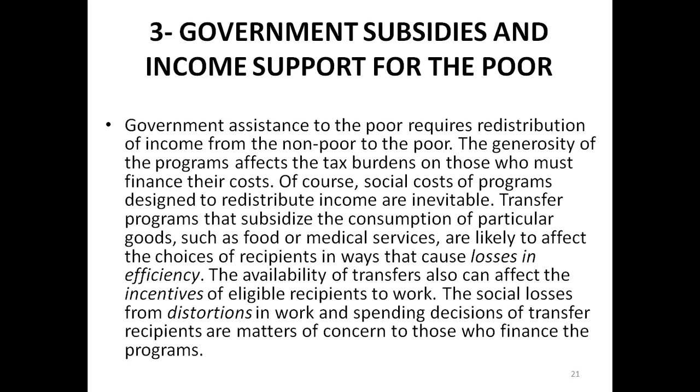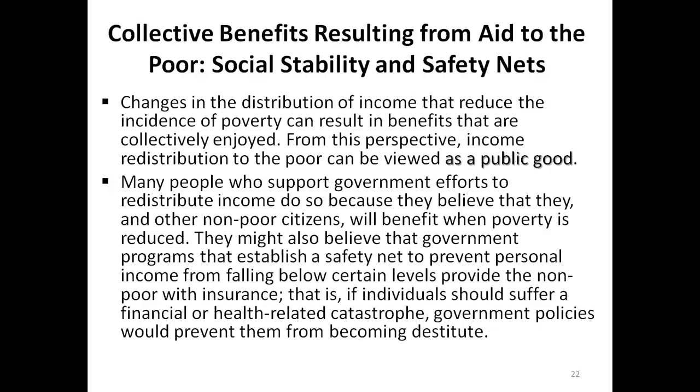The social losses from this distortion in the work and spending decisions of the transfer recipients are a matter of concern to those who finance the programs. The collective benefits resulting from aid to the poor include social stability and the safety net.